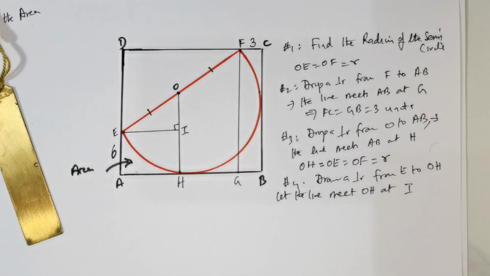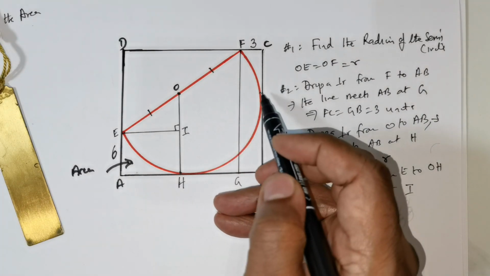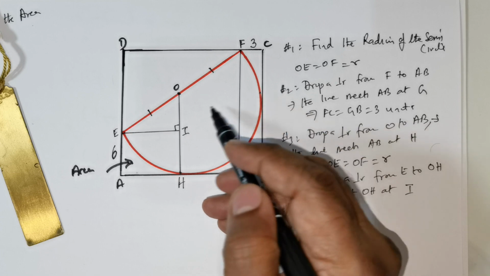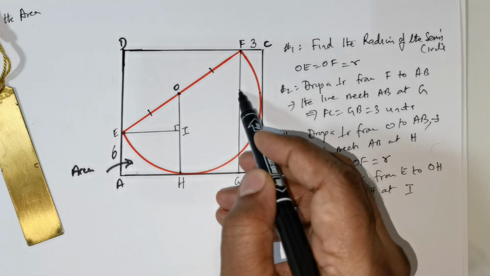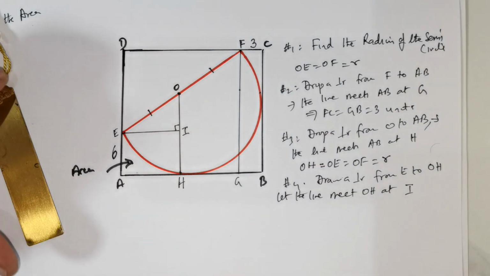Now what I wish to do is, initially I was thinking of stretching the line, but there is no point in making the stretch. It's okay that I restrict myself to this line FG.